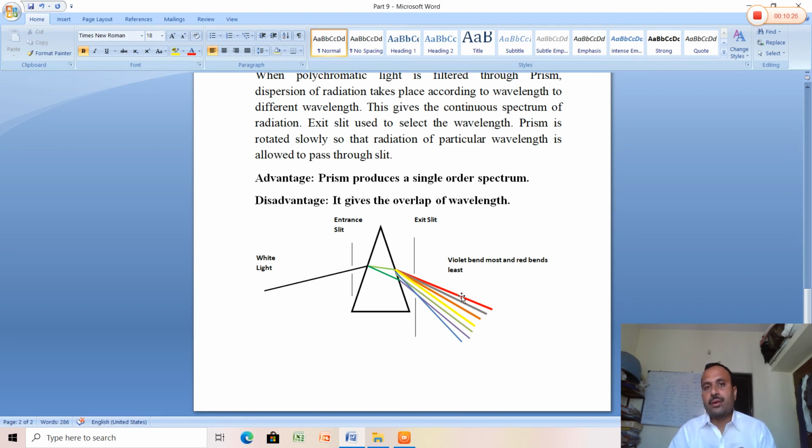If the solution has a red color, then we use a bluish green filter for the reading. On the basis of complementary color, we modify the filter, not the prism, because the prism is made up of either glass material or quartz material.